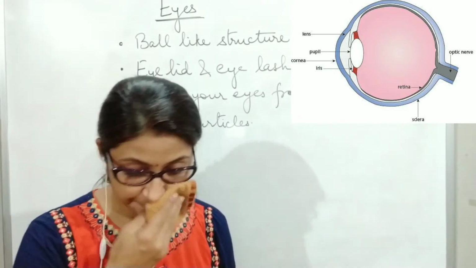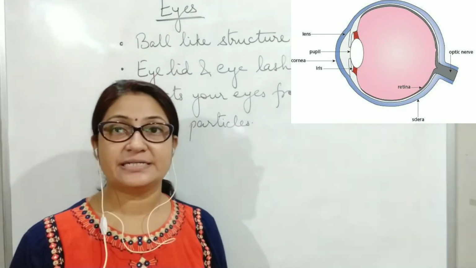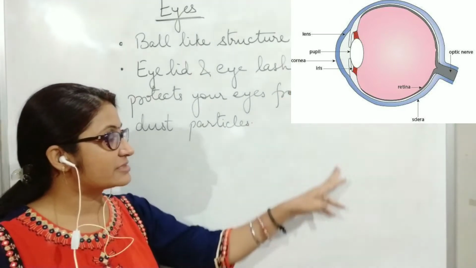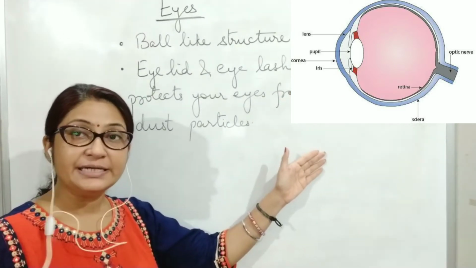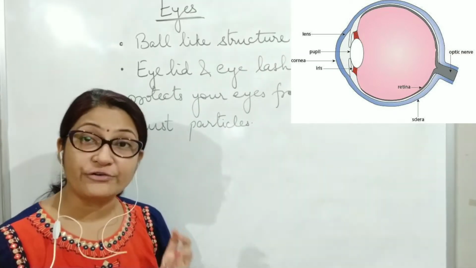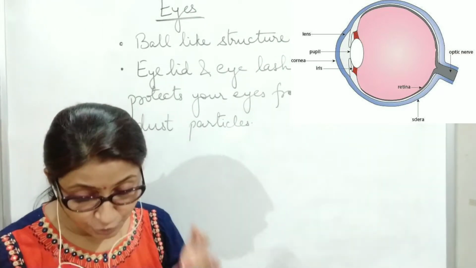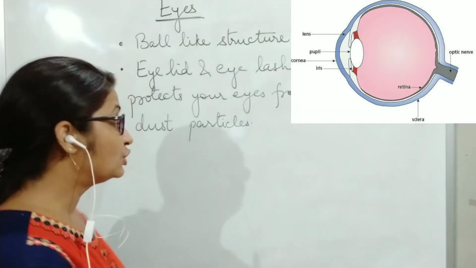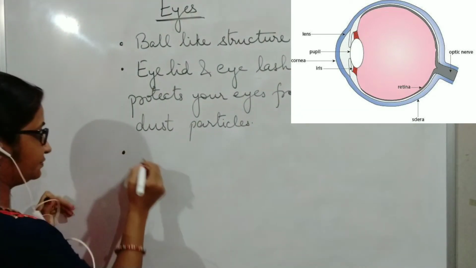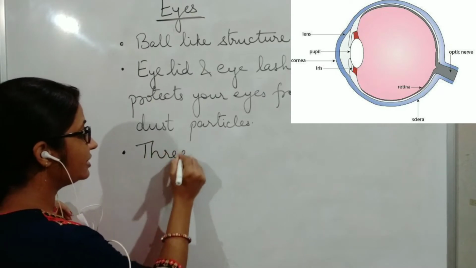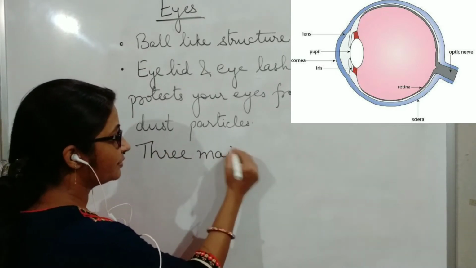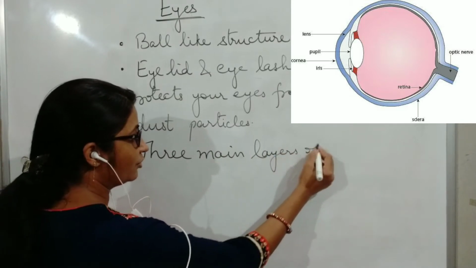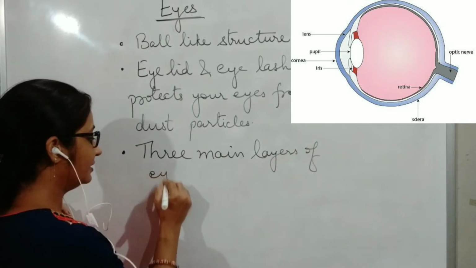Then our eye has three main layers which you can see on the structure of an eye. The first is the cornea, then there is a pupil, and then there is a retina. Three main layers of the eye.